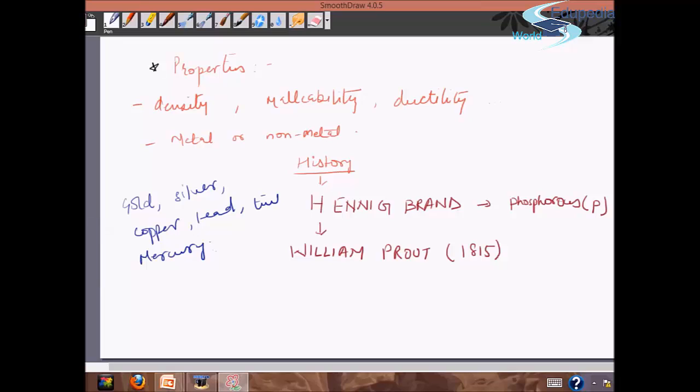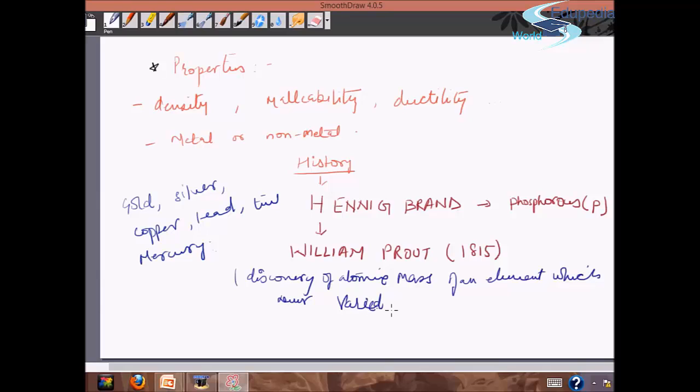Let's write down: discovery of the atomic mass of an element which never varied, right? And thus it could form the truly scientific basis for a satisfactory scheme of classification.